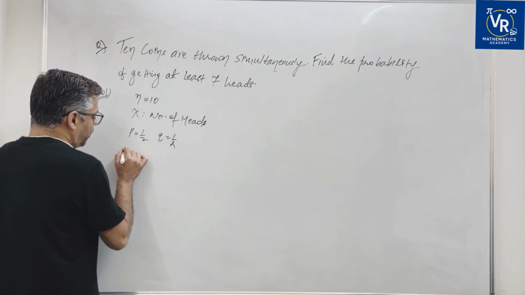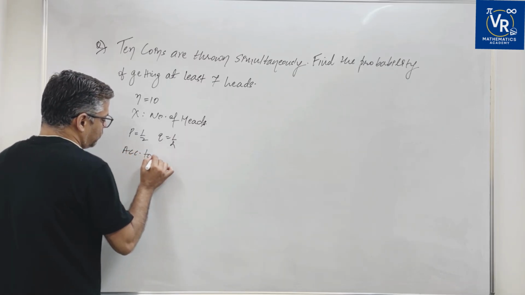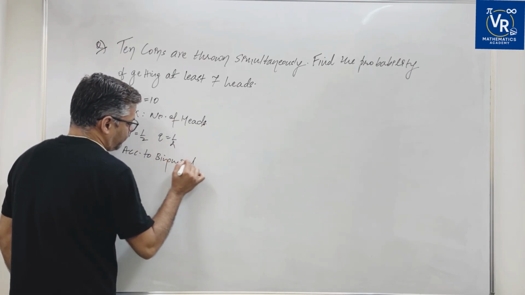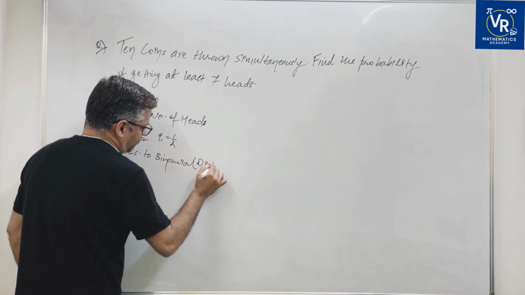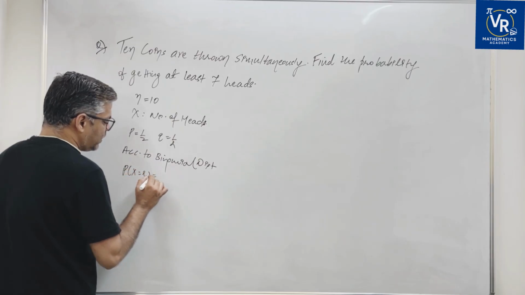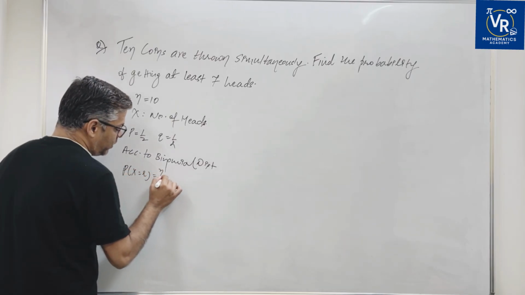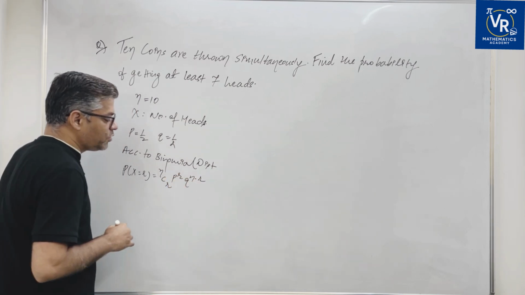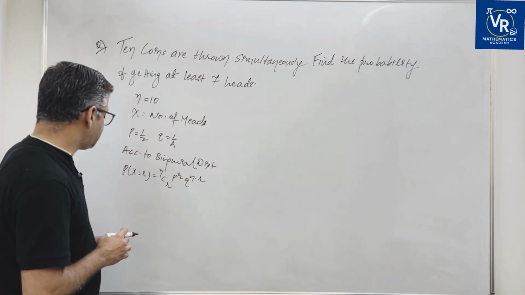So according to binomial distribution, the probability of X equal to r is given by nCr p raised to the power r, q raised to the power n minus r.